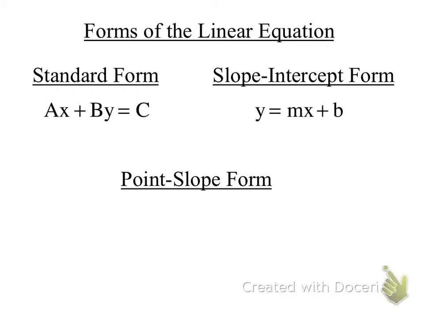Slope-intercept form is y equals mx plus b. And point slope is y minus y1 equals m times the quantity x minus x1. Now, in standard form, a, b, and c must be integers.